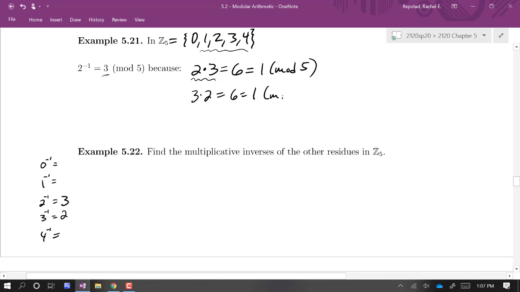When you do find inverses, you get to pick them off in pairs because it's a reciprocal relationship, unless a number is its own inverse. 0 does not have an inverse. 0 never has an inverse in any Zn. In fact, not in the real numbers either.